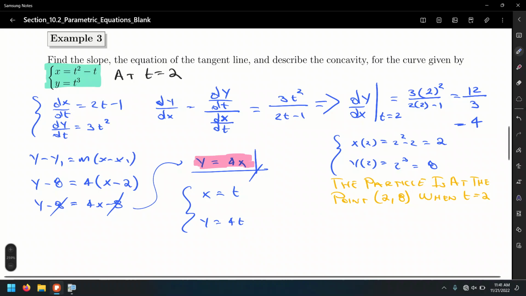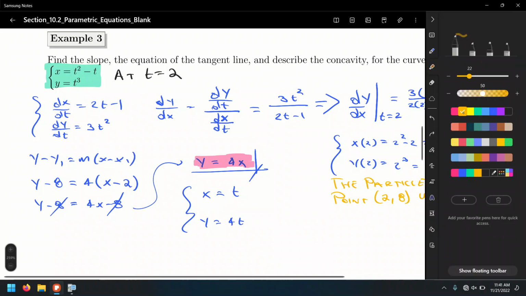This is what we're going to put together in our graphing calculator: these two sets of parametric equations, the one I highlighted in green and the one I'm going to highlight in yellow. We're going to graph these two together, and you'll see how this indeed is going to be tangent to the original function.